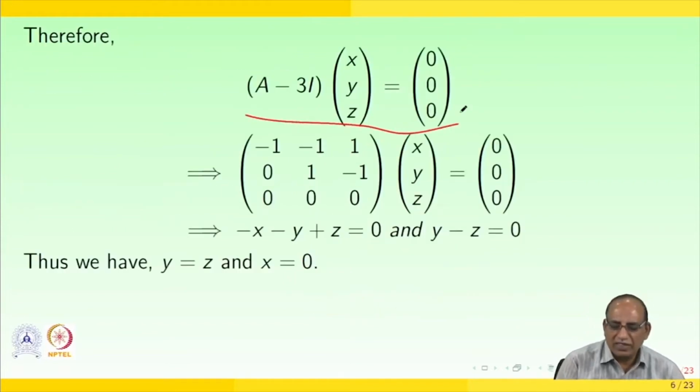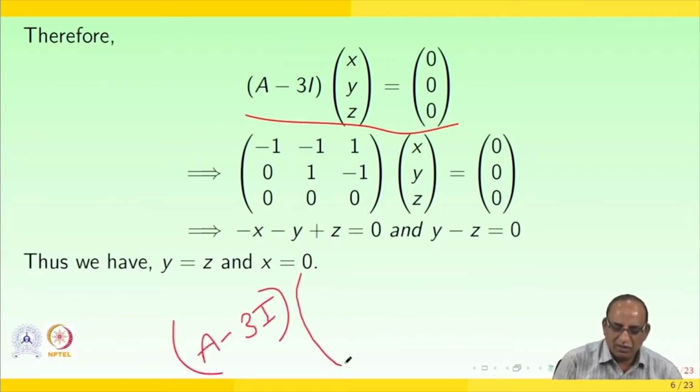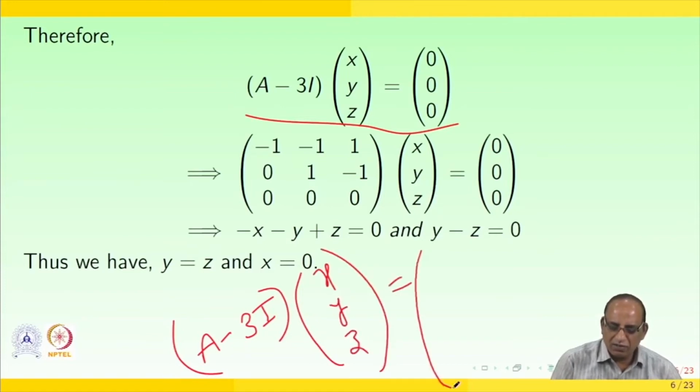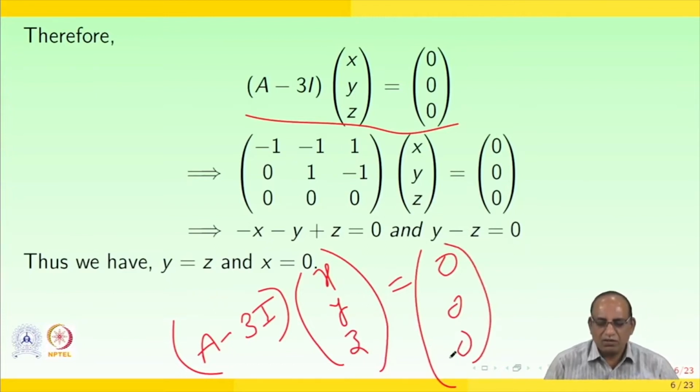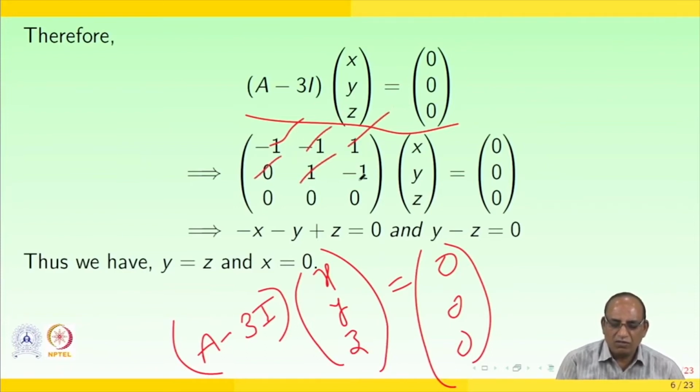Therefore, you can write A minus 3I acting on x, y, z equal to 0, 0, 0. That is, the matrix minus 1, minus 1, 1; 0, 1, minus 1; 0, 0, 0 multiplied with x, y, z turns out to be 0, 0, 0.